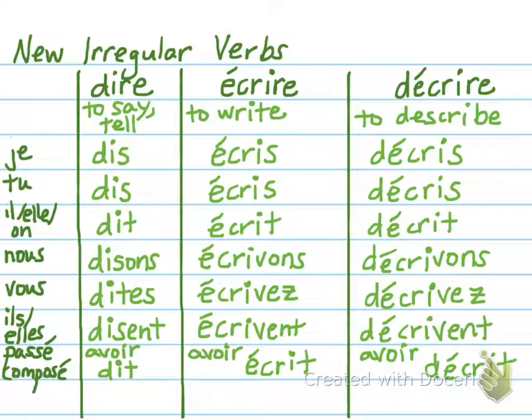S'il vous plaît, répétez écrire, j'écris, tu écris, on écrit, nous écrivons, vous écrivez, ils écrivent, avoir écrit, d'écrire, je décris, tu décris, on décrit, nous décrivons, vous décrivez, ils décrivent, avoir décrit.